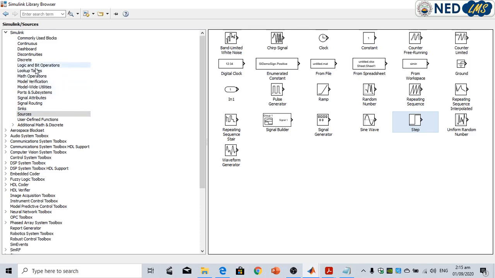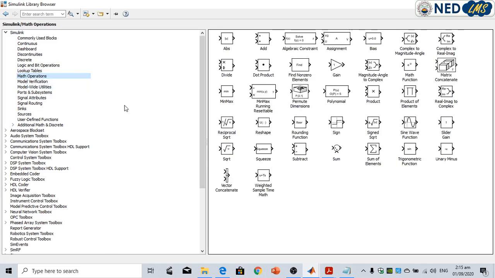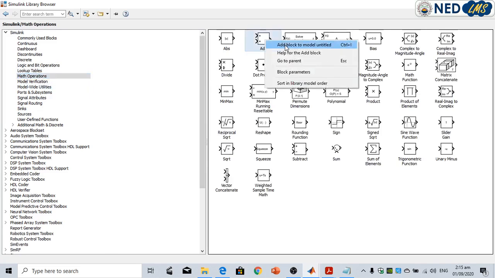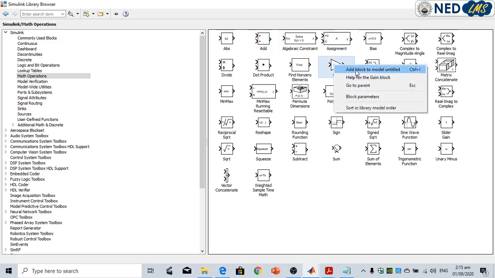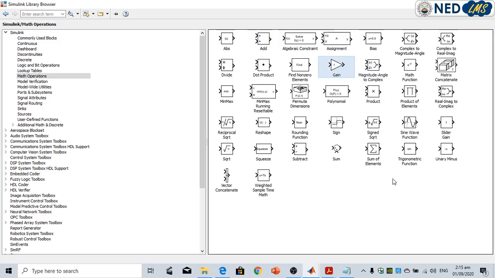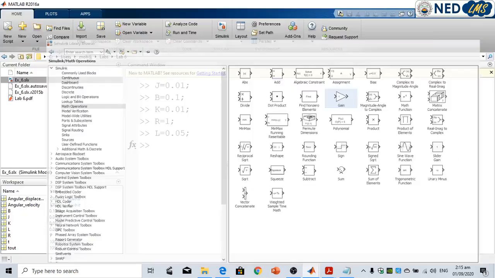We also have a need of summing operation. Add this one also to the Simulink model. We need a constant gain as well, therefore add this one also in our model.